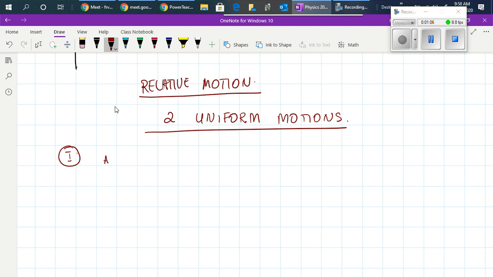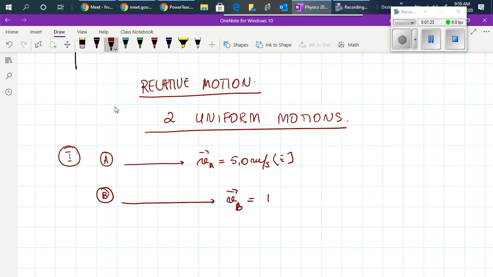We have a person A moving with a velocity A of, let's say, 5 meters per second going east, a person B moving with a velocity B of 10 meters per second going east, and a person C with a velocity C of 15 meters per second east.